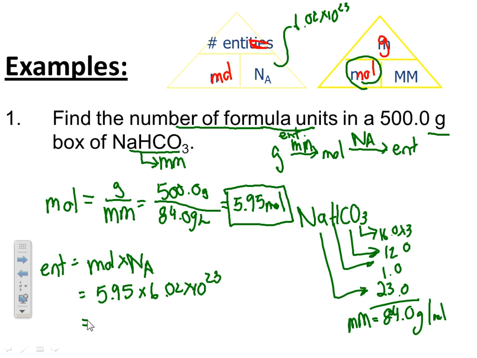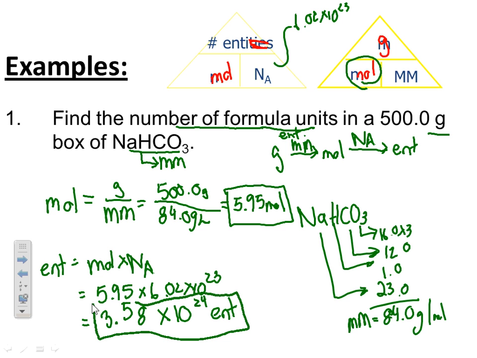I type 5.95 times 6.02 EE or EXP 23 equals, and I get 3.58 times 10 to the 24 entities, which is what a formula unit is. So my final answer is right there, and I had to do 2 steps.